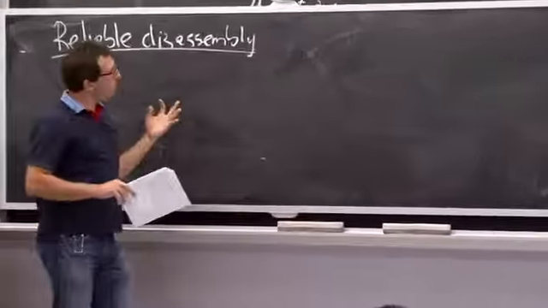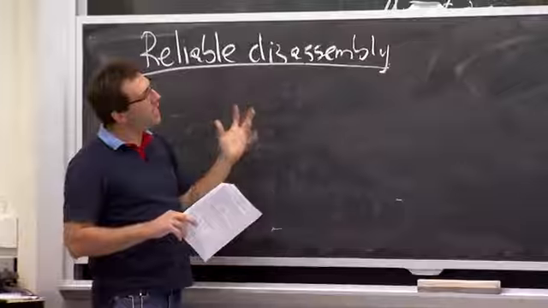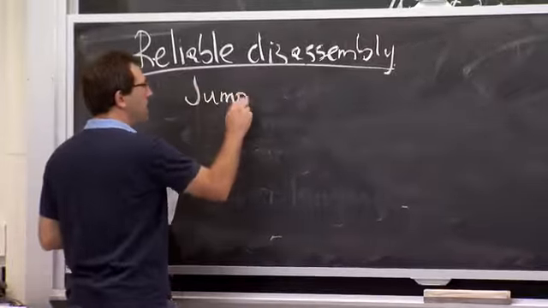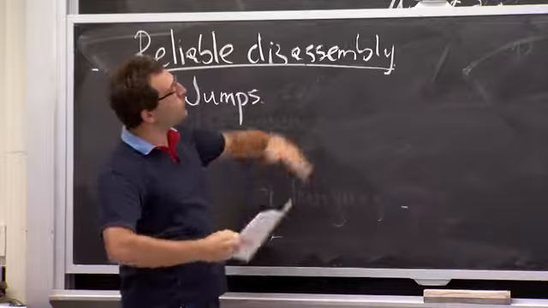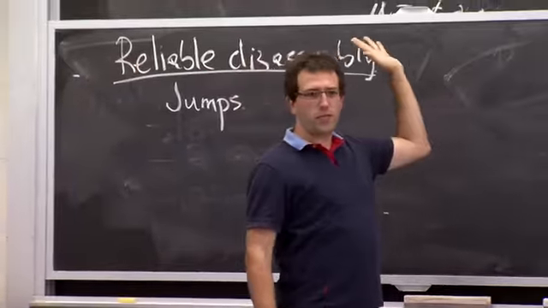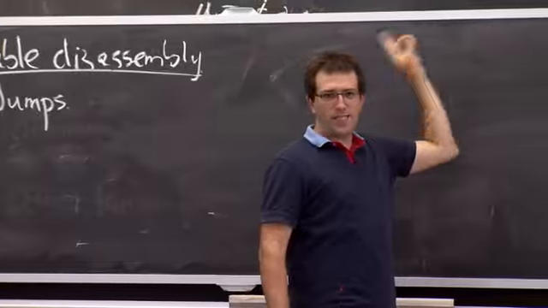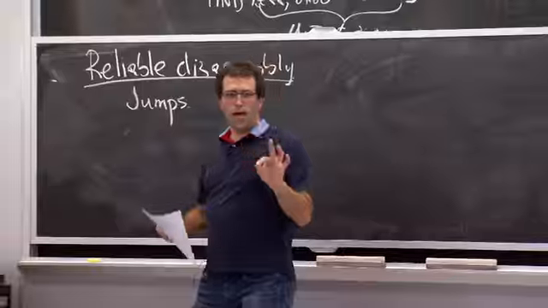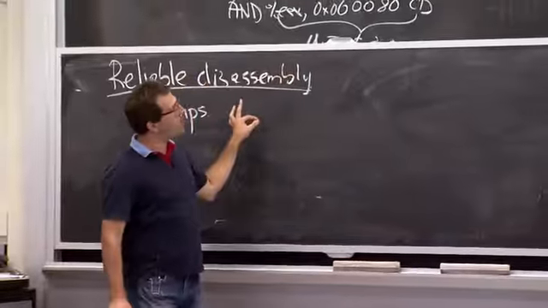So the problem with getting the disassembly to be reliable really comes from the fact that there's jumps. Because if we execute linearly from left to right, then the CPU will follow the same rules that our checker is following and see the same instruction stream. So the problem really comes down to what happens if there's a jump somewhere in the application.